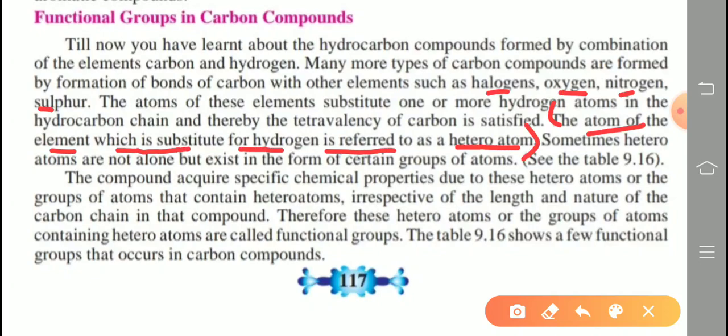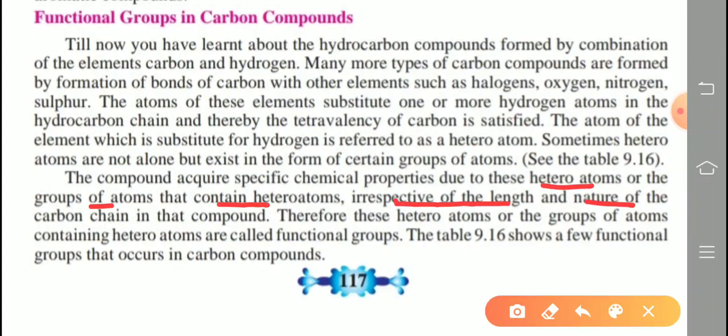Sometimes heteroatoms are not alone, not single, but exist in the form of certain groups of atoms. See the next table 9.16, where we learn in detail about this. Last paragraph: the compound acquires specific chemical properties due to these heteroatoms or a group of atoms that contain heteroatoms, irrespective of the length and nature of the carbon chain in that compound.